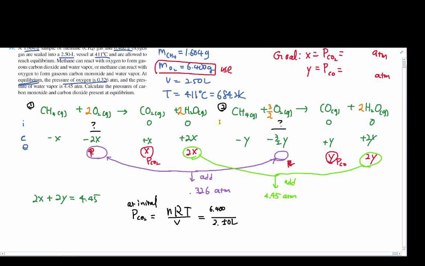We are using this. We need to use this, this, and this to find the partial pressure of carbon dioxide.